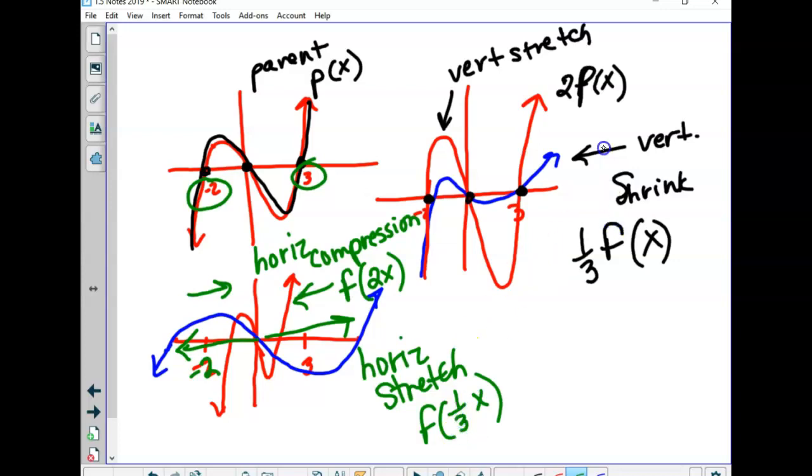Okay, outside of the parenthesis, it's what it seems. Whole number, stretch, small number, shrink. Inside the parenthesis, it's opposite of what it seems. Do you get it, guys? Yeah. 3 compresses it, makes it smaller. A 1/3 inside stretches it or makes it longer, further out.